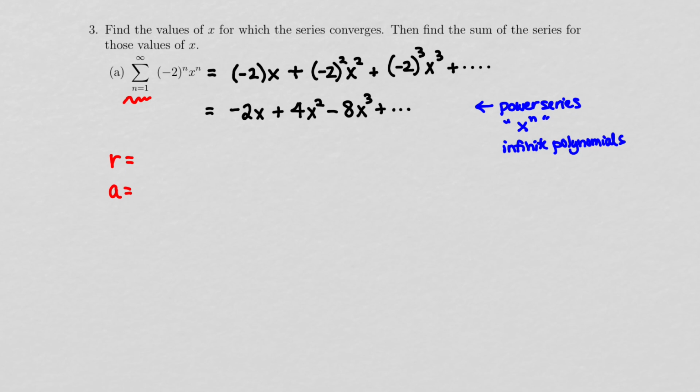What's my a value, John? My first value, just the first term. It's negative 2x. That's my a value. Beautiful. And Max, what do I have to multiply by? What's my r value? It is negative 2x because it's weird, right?